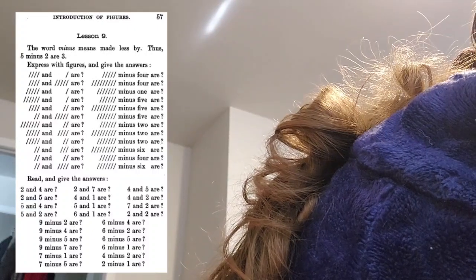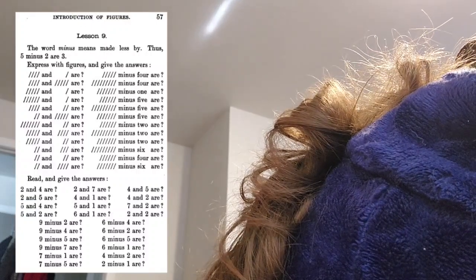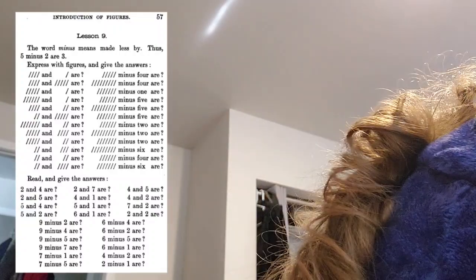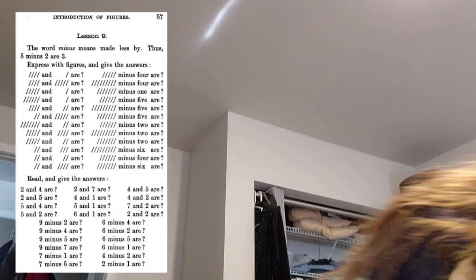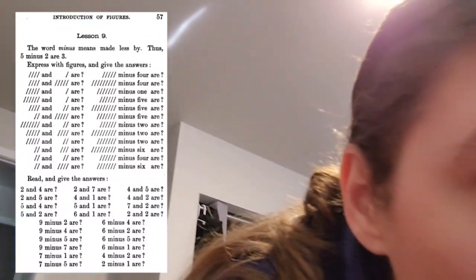So they want you to draw these out. So this would be 4 and 1, and then 4 and 5. My eye is going to go all buggy. I'm going to move you guys.